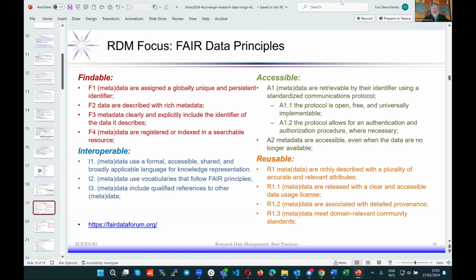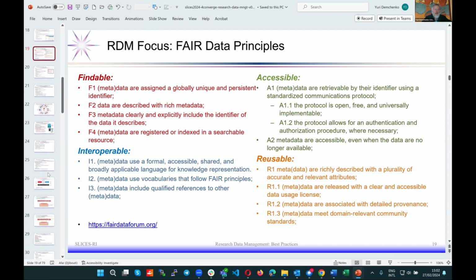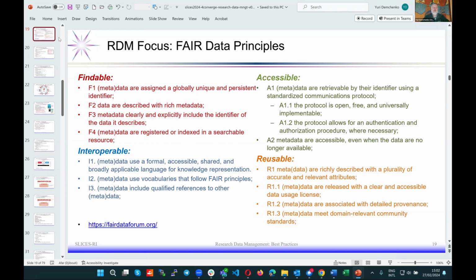So, FAIR data principles. The FAIR data principles were created by an initiative of researchers, mostly originating from genome bioinformatics. Why? Because genome research was the most data-challenging area, and it required a huge amount of data sharing and searching for data.